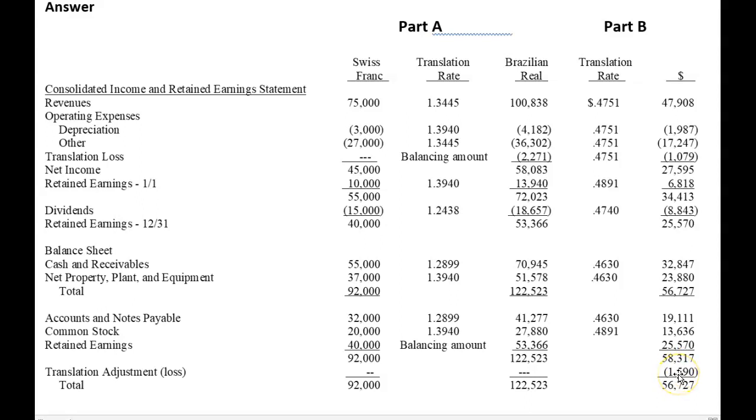So in order to balance, we have a translation adjustment here that is a debit, it's a loss. Okay, so it reduces the equity section in order to make it balance. So hopefully that helps you to see what happens if the functional currency is different from the currency that the statements are prepared in.